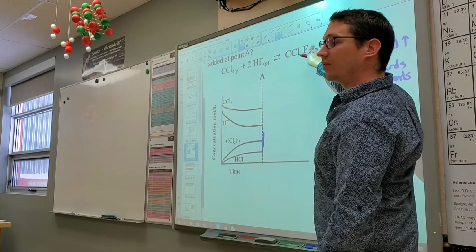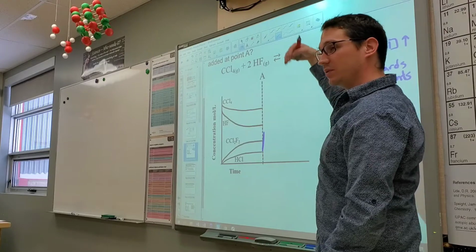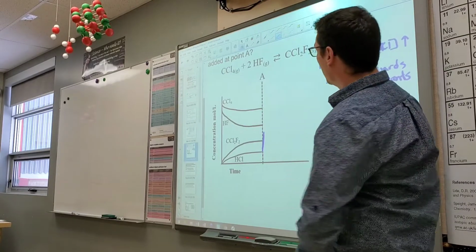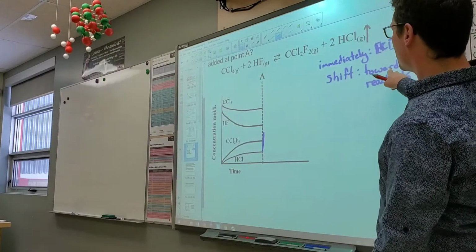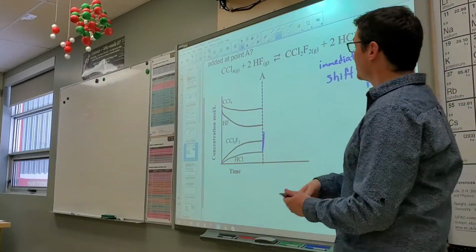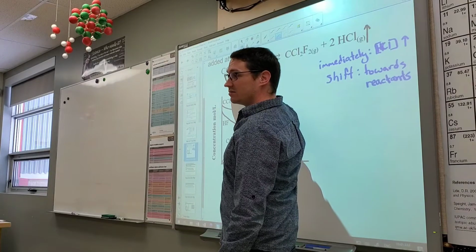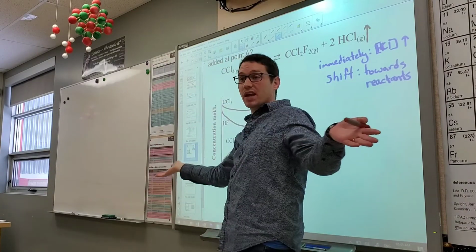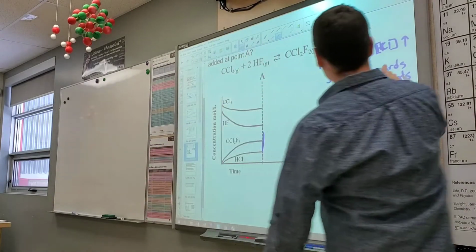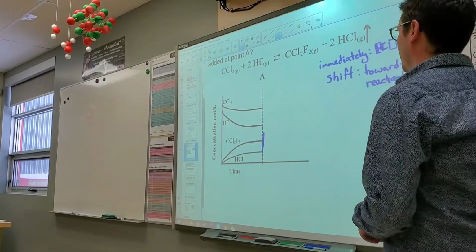Do you agree if they're reacting together, these concentrations will decrease? Yeah. So that's what's going to happen. If you have a shift towards the reactants, that means both of these go down and both of these what? Go up. Are we okay with that? Okay. So that's what a shift towards the reactants says.